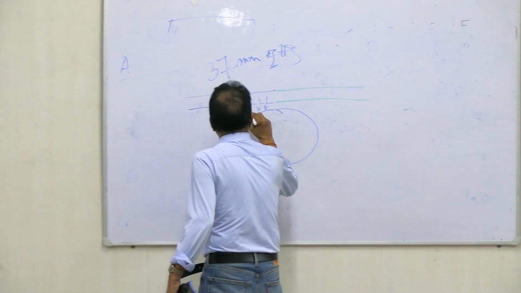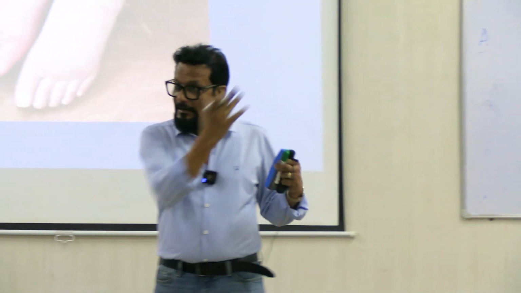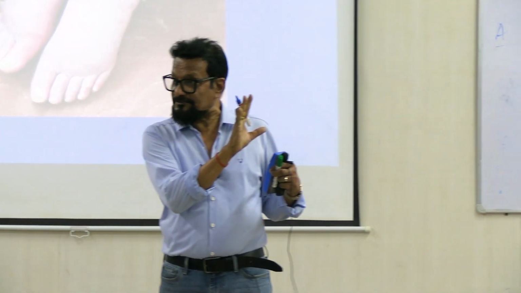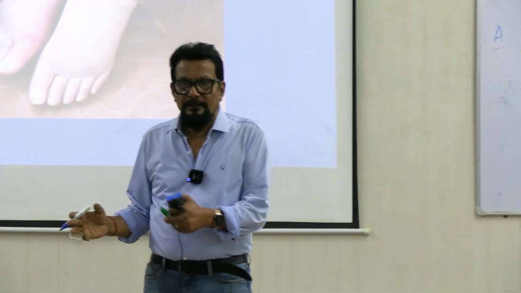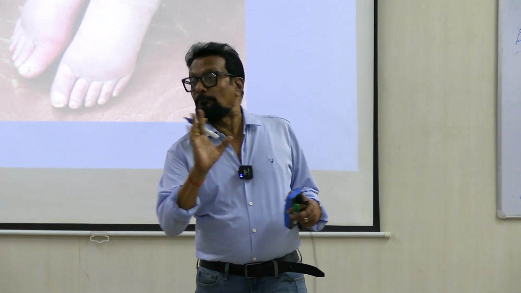Some fluid is already here, isn't it? They will oppose osmotic pressure. We already have a lot of fluid here, so we will not allow you to enter. So they will oppose.